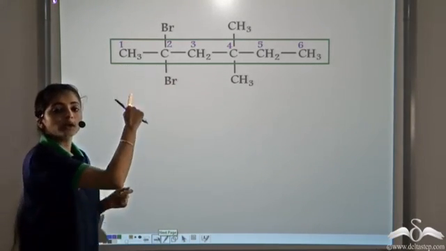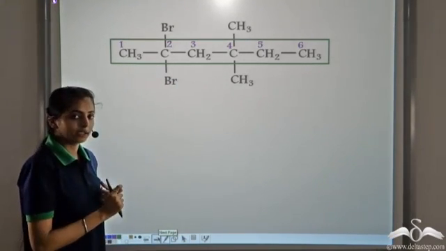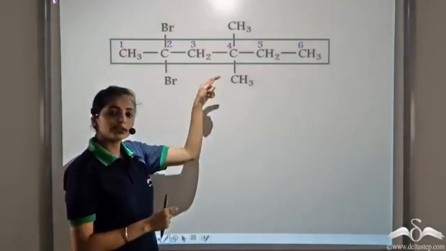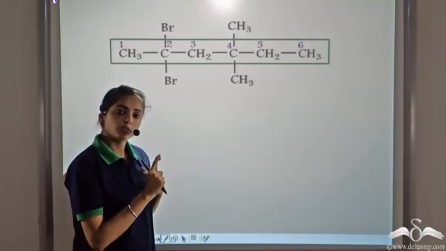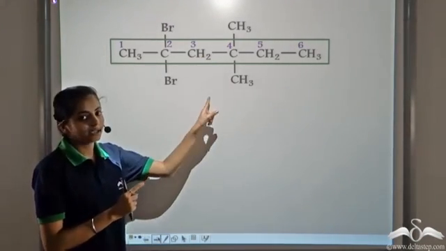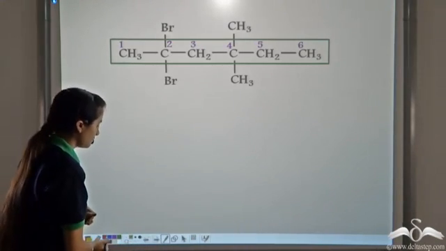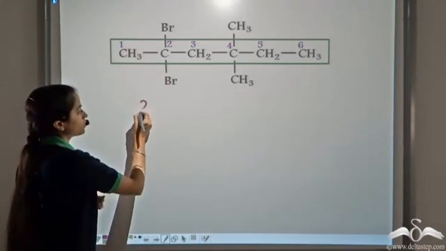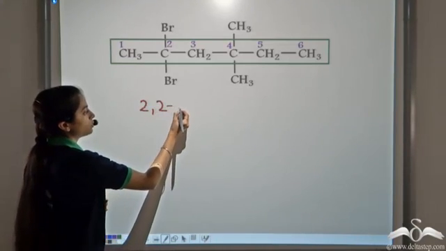Now, we have to arrange the substituents alphabetically. So, we see 2 bromine substituents and 2 methyl substituents. So, B for bromo and M for methyl. So, we first place bromo and then methyl. The 2 bromo substituents are present at position 2. So, we get 2, 2 dibromo.